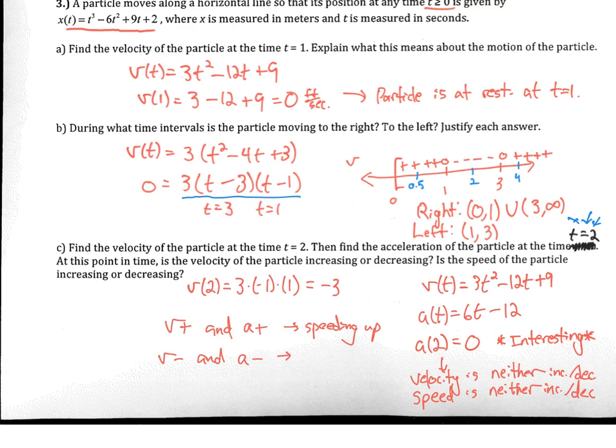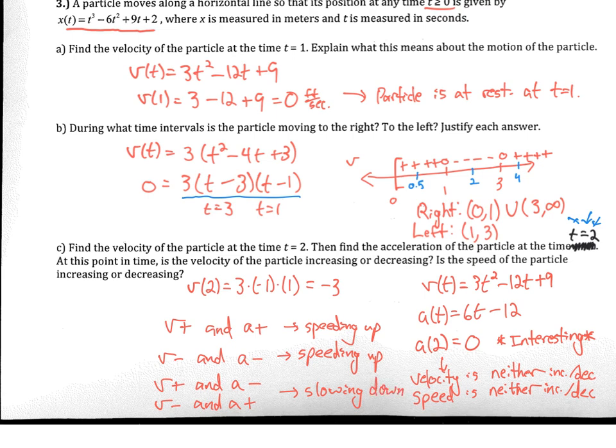Almost had that backwards. But only if the velocity is positive and the acceleration is negative, or if the velocity is negative and the acceleration is positive. So if there are different signs, that means that the particle is slowing down.